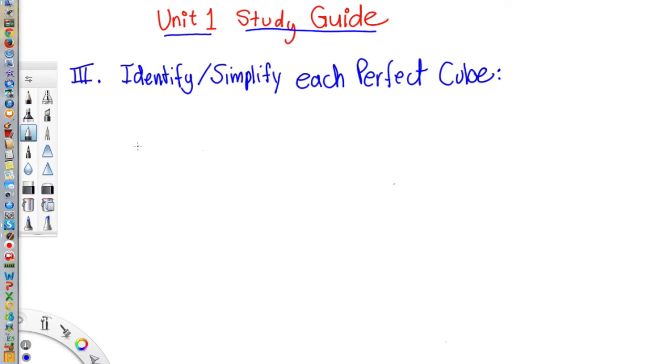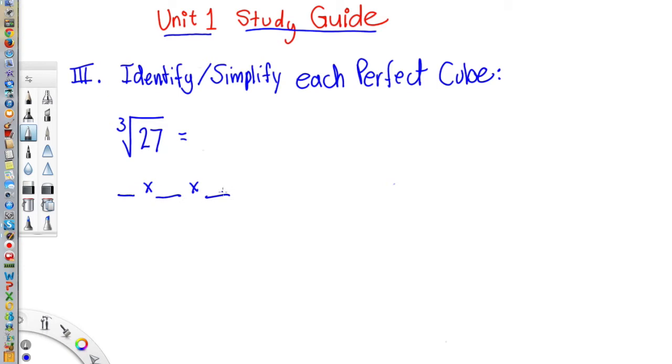Let's look at part 3 on the study guide, identify and simplifying each perfect cube. Let's take a look at the second one there. What is the cube root of 27? Which is simply asking what times what times what, here's our three factors, is equal to 27, the number inside of the radical. So we want to figure that out.